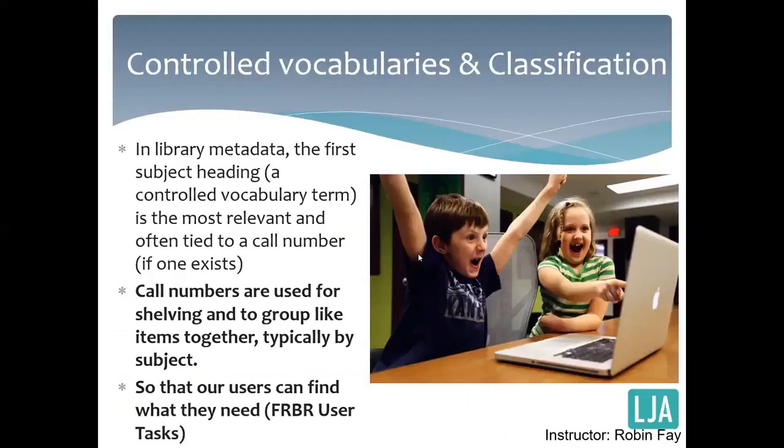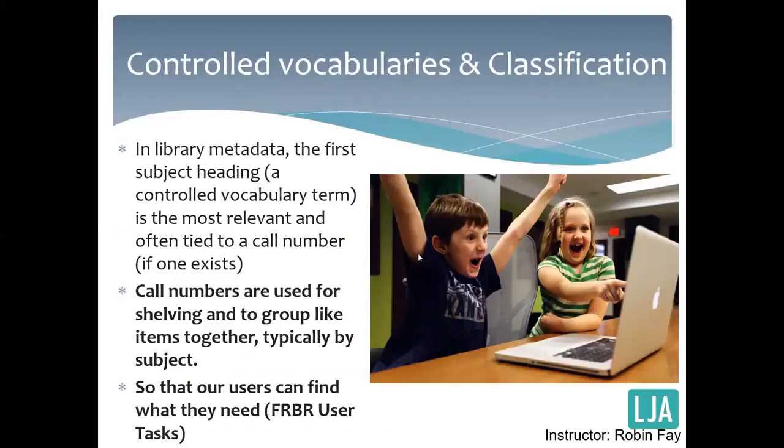In library metadata, in what we think of as a bibliographic record, an OCLC record being an example, that first subject heading, that controlled vocabulary term, is considered to be the most relevant or the most precise for that particular item.